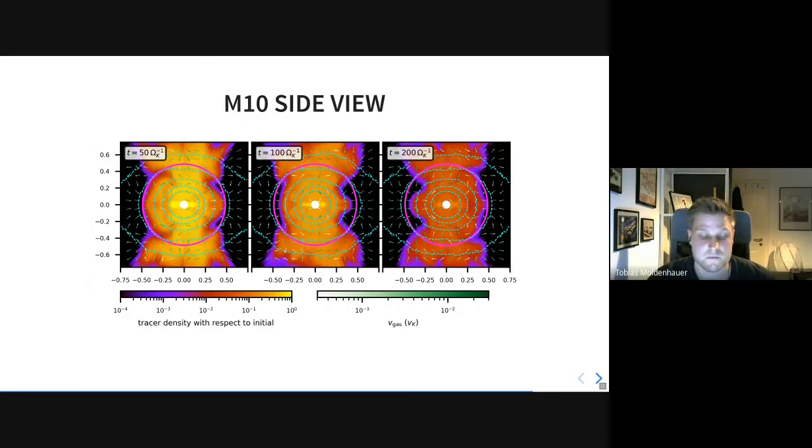starts to become turbulent. Also, if we look at the velocity field in the 10 Earth mass case, then it's no longer constant in time. If you compare snapshots, I think it's a bit hard to see on the presentation, but you just have to believe me. If you compare the snapshot at 50 and 100, then the velocity field looks different.